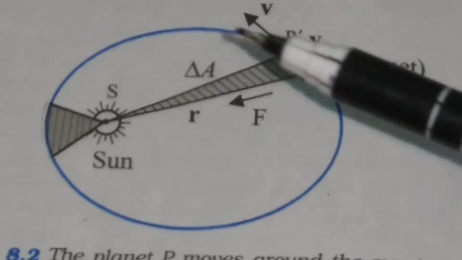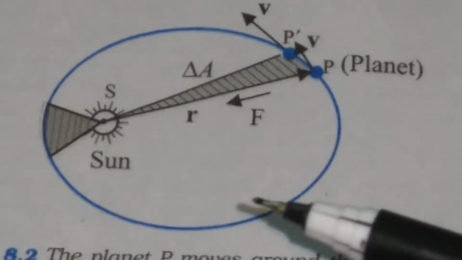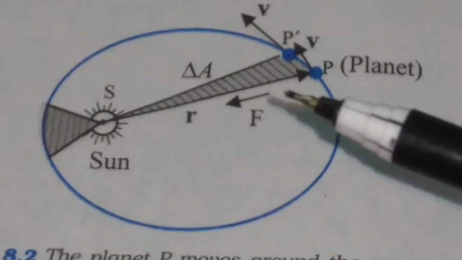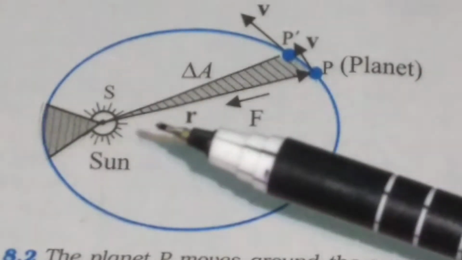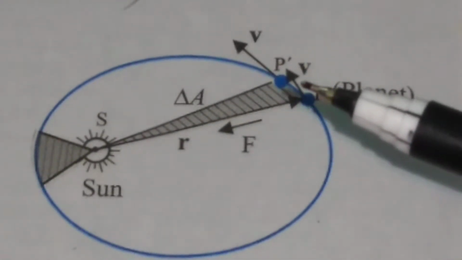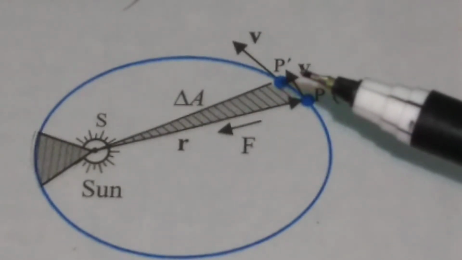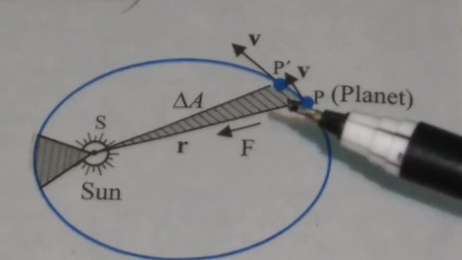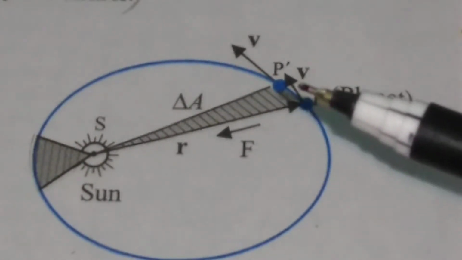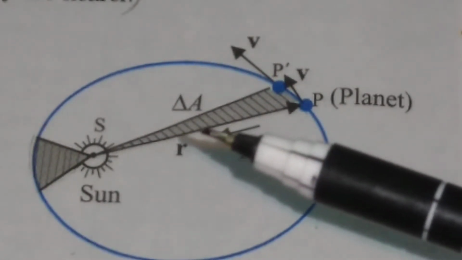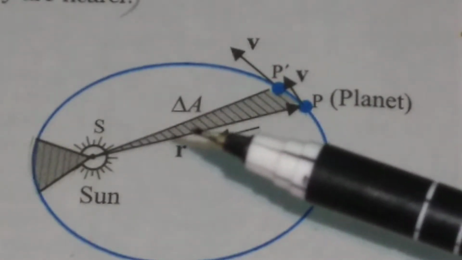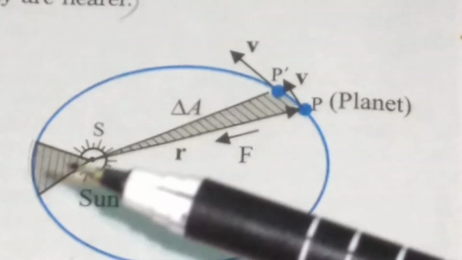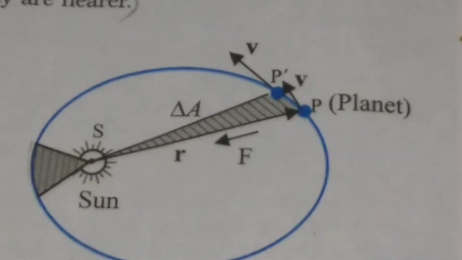The planet is revolving around the sun in this elliptical orbit, and the line that joins any planet to the sun, this line from here to here, sweeps equal area in equal interval of time. That means in time, let us say delta t, the area covered by the planet from P to P dash is equal to delta A, and at the same delta t time, suppose the area covered on this side is equal to this area, and this area must be equal to this area.